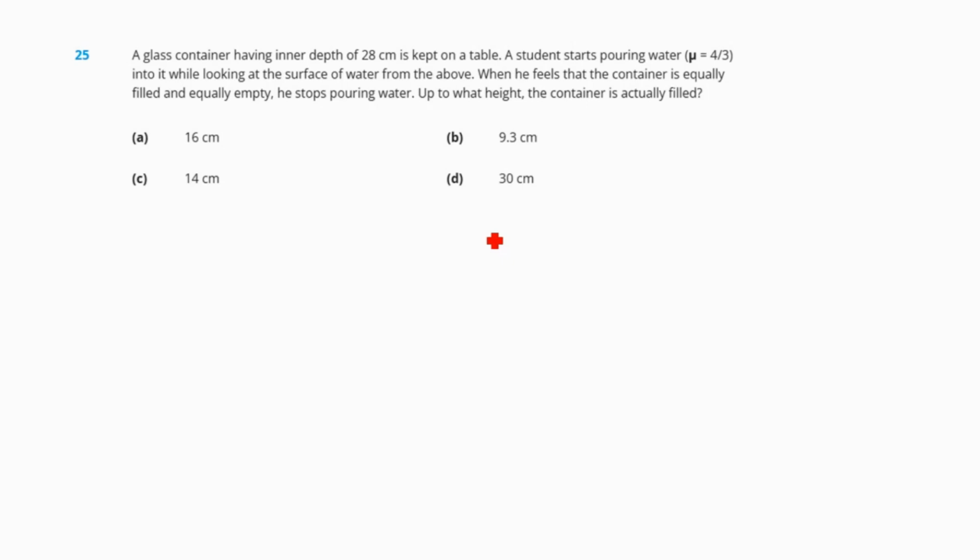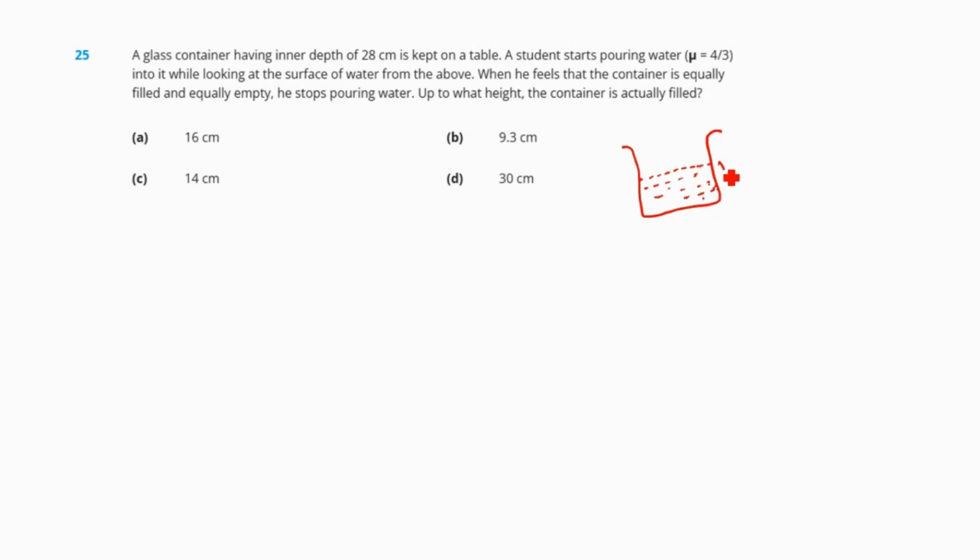So here if we take the example, suppose this is the container and the student is pouring the water till here. It is said that half of the container is filled and half of the container is empty. And the inner depth of the container is 28.